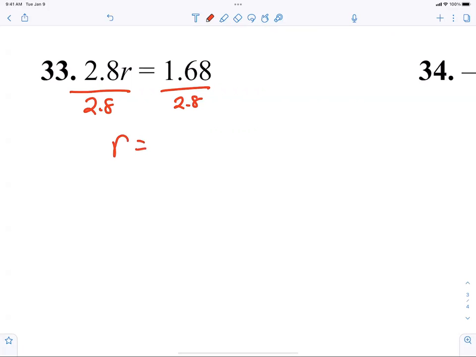So R is equal to... Now, to me, I like to move the decimal 2 places this time. So that's going to be the same as 168 over 280. I want everybody to do that. Make sure you're seeing that. Right? With a fraction, you can't have a decimal. So you always move it the same number of decimal places.